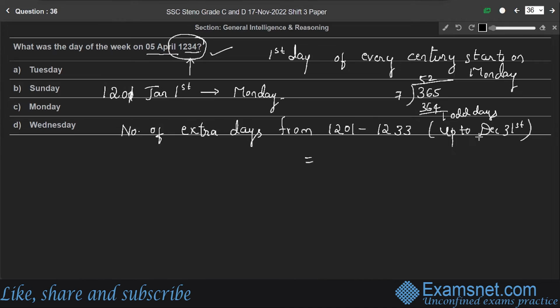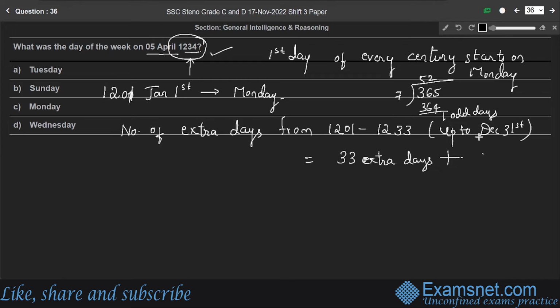Here we are considering 33 years, so 33 odd days or extra days in 33 years, plus the number of leap years. How many leap years are there from 1201 to 1233? A leap year comes once in 4 years, so 4 into 8 is 32.